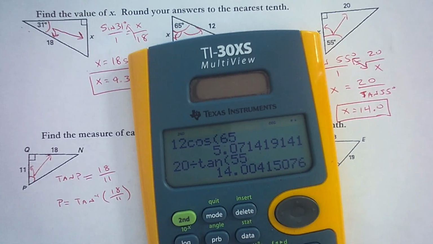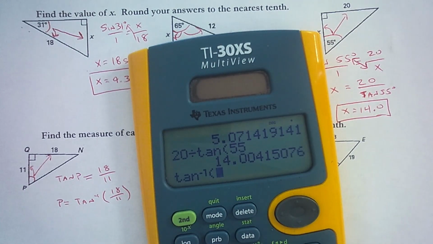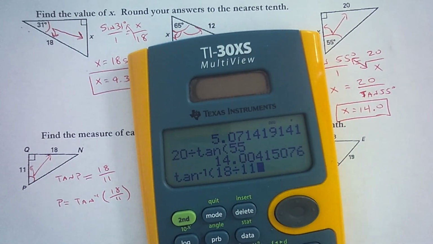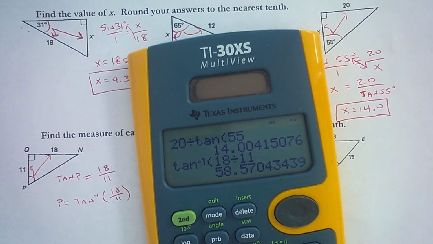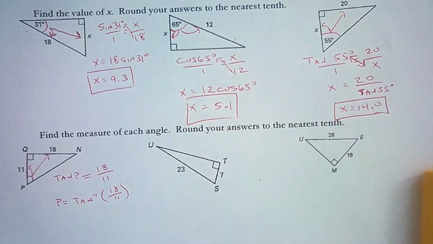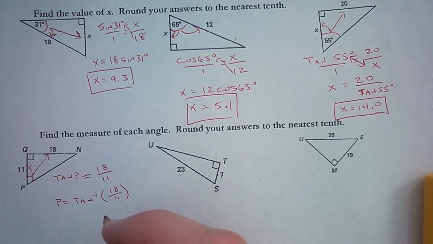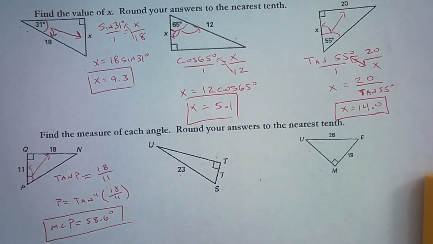So second tangent, 18 divided by 11. 58.57, so 58.6 degrees. So the measure of angle P is 58.6 degrees.